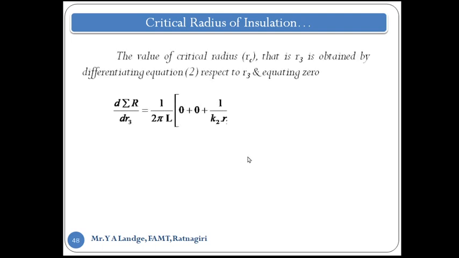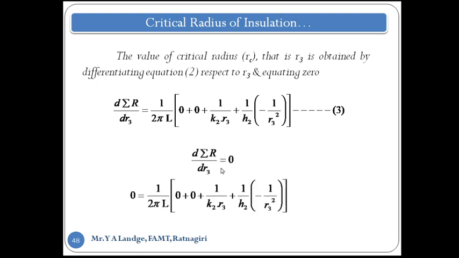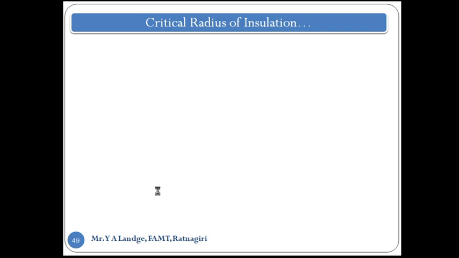So we get 0, 0, 1 upon K2 R3, and then 1 upon H2 R3 squared. This is equation number 3. I equate this with 0, and after equating the terms I get this equation, and then I simplify it.